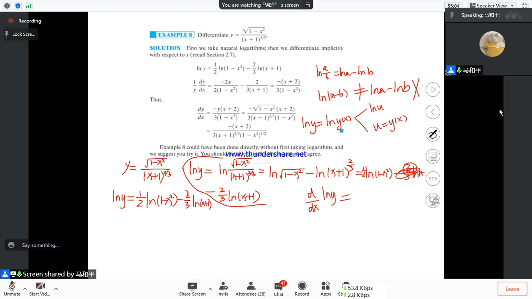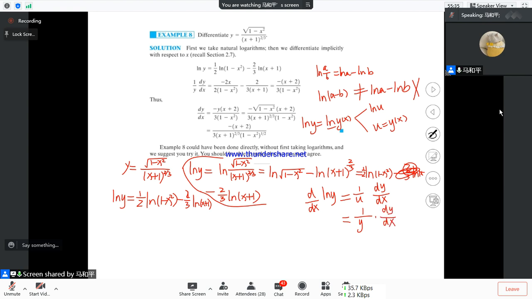So d ln y over dx is equal to the chain rule: the derivative of the outer function, here ln u, is 1 over u, times the derivative of the inner function. The inner function is u equals y(x), so its derivative is dy over dx. Then we replace u by y(x): 1 over y times dy over dx.